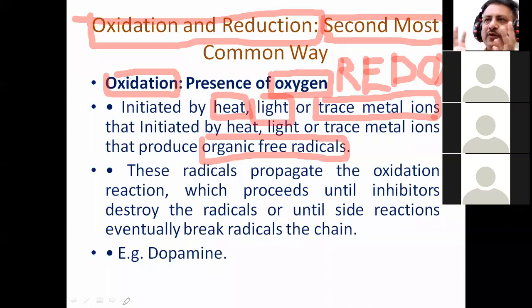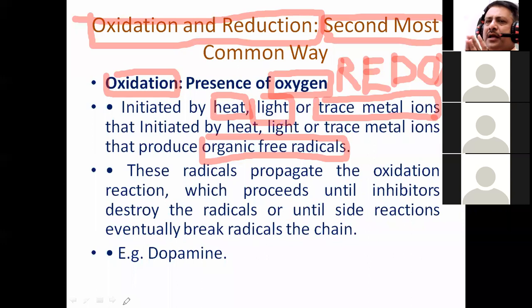Okay, so up to this point it is clear. The second most common way by which the drug gets degraded is oxidation and reduction. In oxidation there is a presence of oxygen which can lead to the degradation of the product, and the process of oxidation is increased by the presence of heat, light, and the traces of some metal ions, which will lead to the production of organic free radicals.